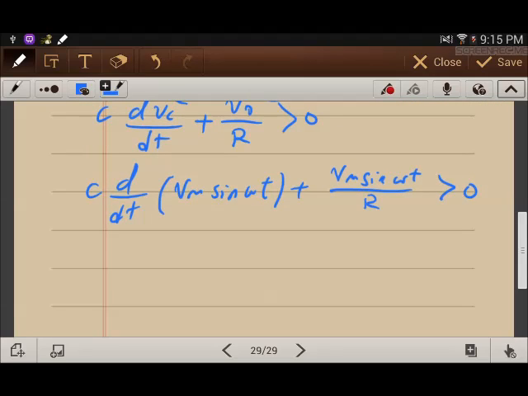So now at omega t equal to theta, and theta is the angle at which the diode will turn off.